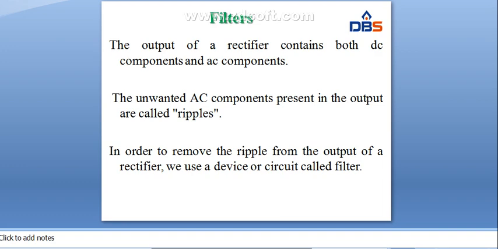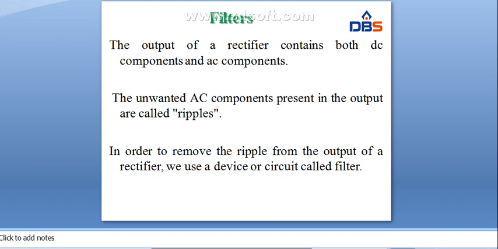So to minimize the AC component, we use filters after the rectifier section. After the rectifier section we have both AC and DC components. The unwanted AC components present in the output are called ripples.